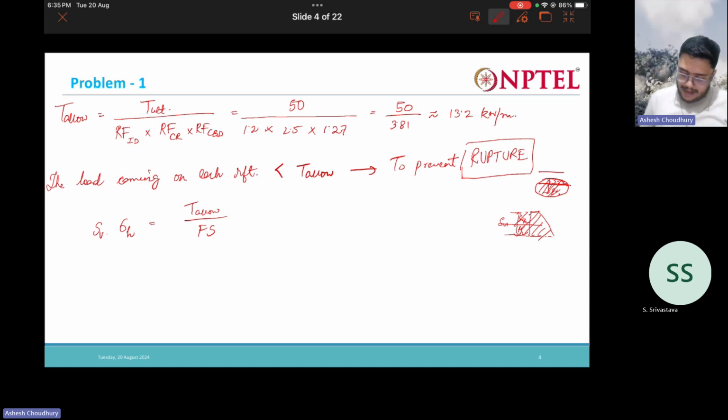Obviously the load coming should be less than the T allowable, so we are using some factor of safety here. What is the spacing? Now just put the values.